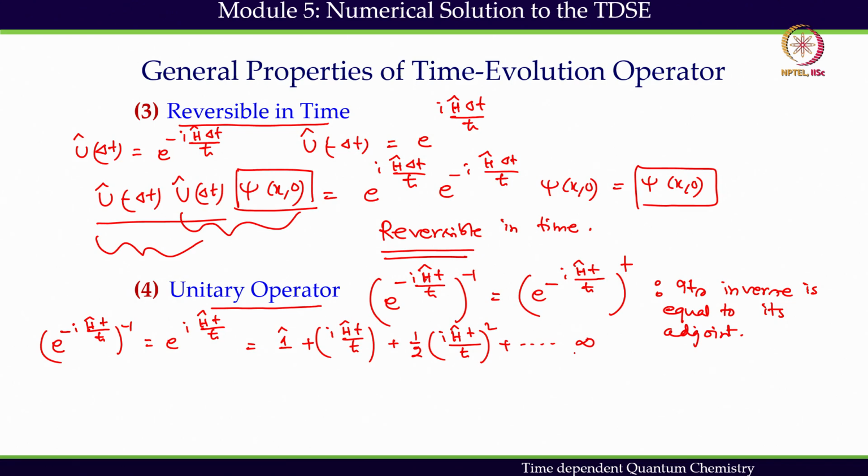Now, here I mention one important thing: this is nothing but 1, but we write it with a cap to show that the entire term represents an operator. So, this is the 1 operator. The 1 operator is nothing but multiplication by 1.